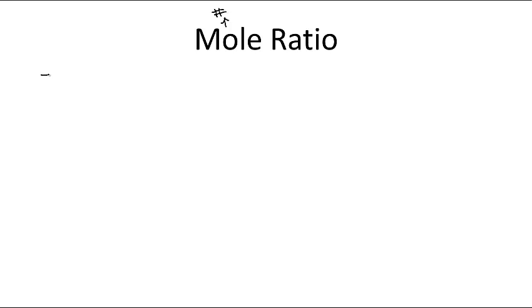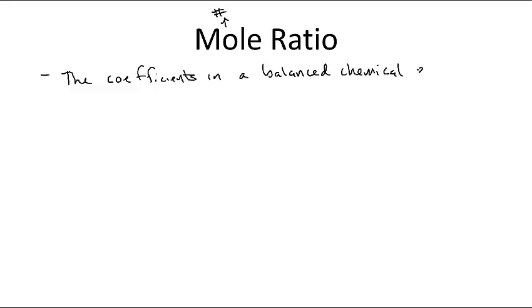So really, the coefficients in a balanced chemical equation indicate how many, and this could be the number of molecules, or really we're going to talk about number of moles.